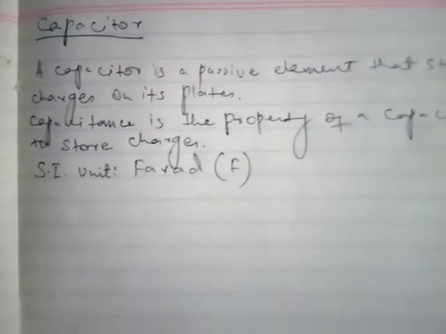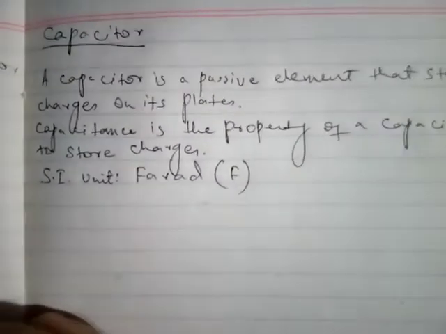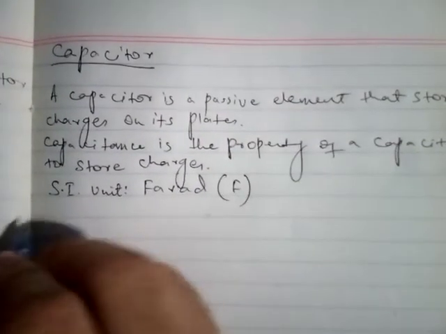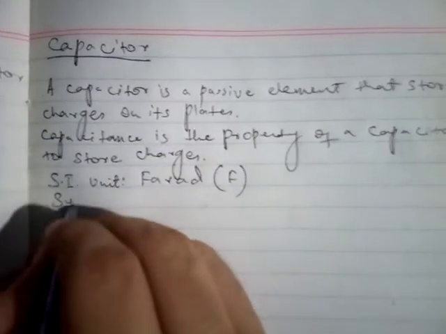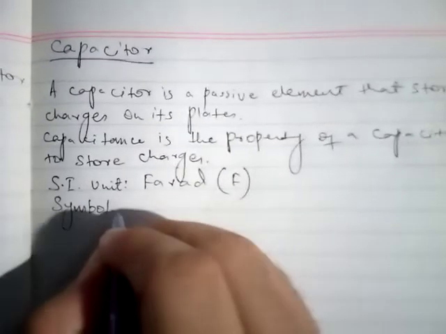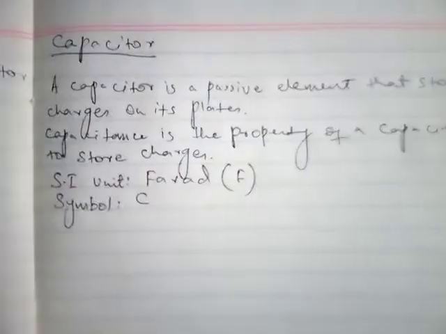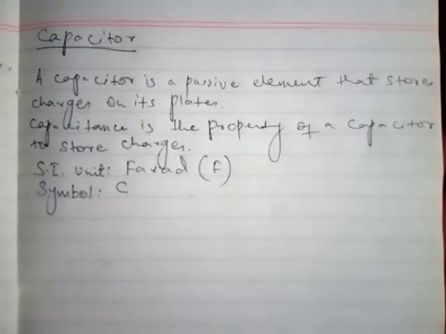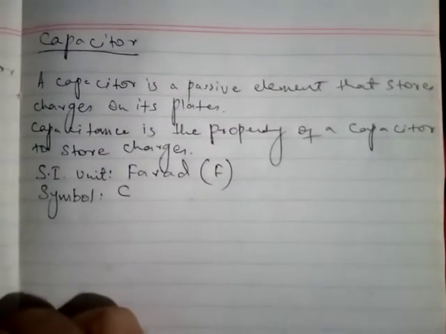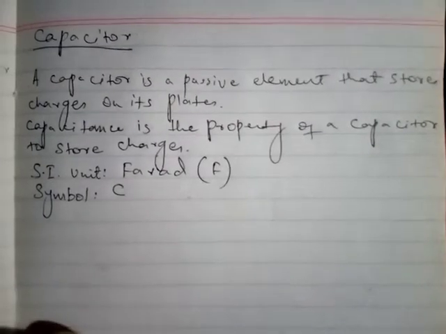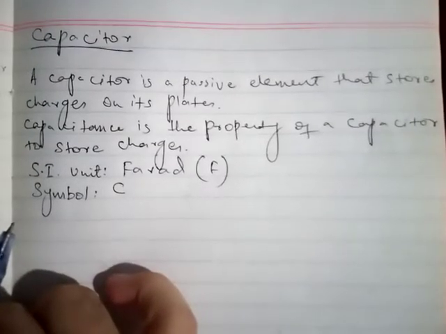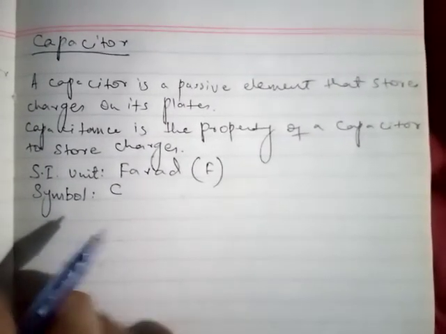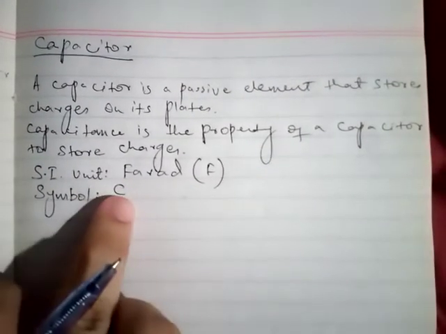What is the symbol of capacitance? The symbol of capacitance is capital C. It is also the symbol of a capacitor, and whenever you are writing capacitance in any formula, or solving a numerical, you will use this symbol C. So the SI unit of capacitance is farad, and the symbol of capacitance is C.